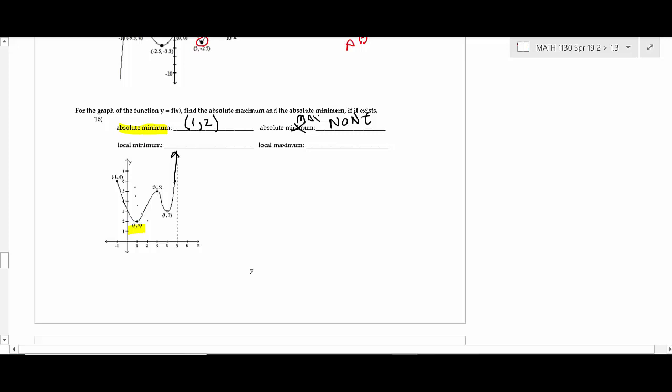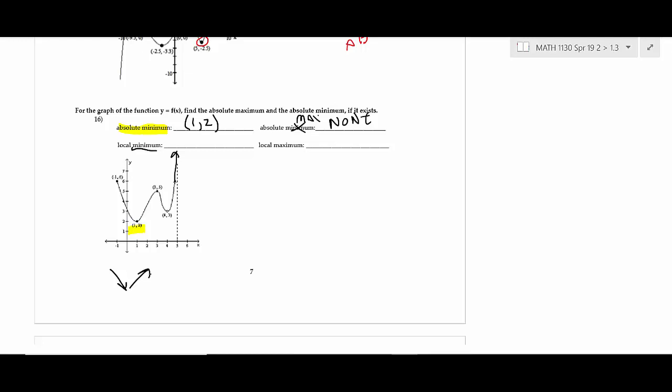Okay. Now, a local min, you need to find a place where the function decreases, then increases. Now, you got to be careful about this one. That one is a local min right there because the graph decreases and increases. How about this one? The graph decreases and increases, but there's a bubble. So that is not considered a local minimum for that reason. See, the thing is, this graph never really hits that low point.